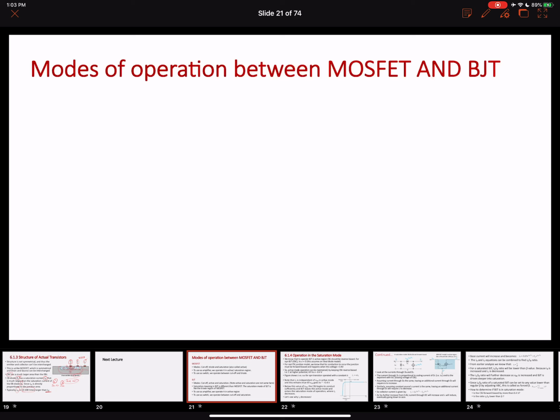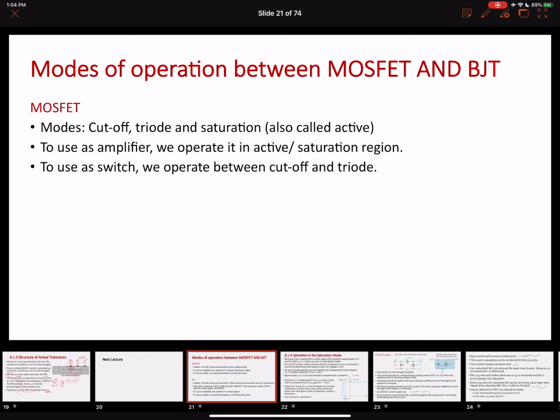Here is a quick comparison of the modes of operation between MOSFET and BJT, kind of a summary of what we have discussed so far, especially differentiating between active and saturation regions. For a MOSFET, we have three regions of operation: cutoff, triode, and saturation.